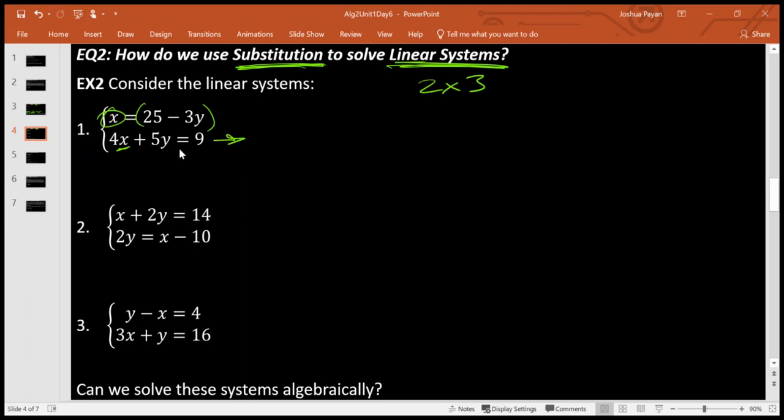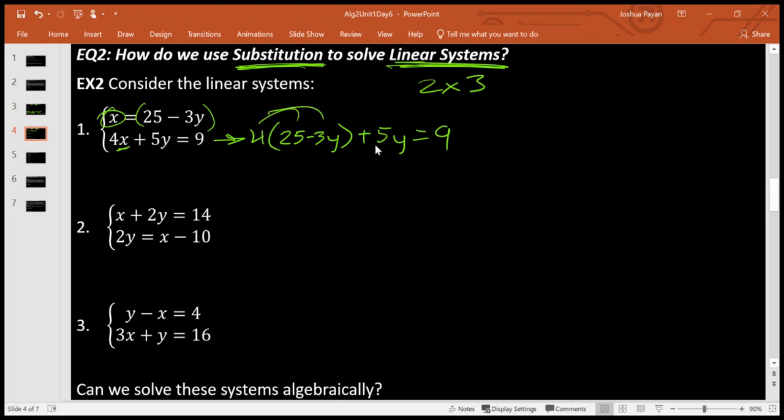So instead of saying 4x plus 5y equals 9, I can actually say 4 times (25 minus 3y) plus 5y equals 9. So from here, instead of having an equation that has two different variables, now I have just one variable, just y. So I can actually solve for this.